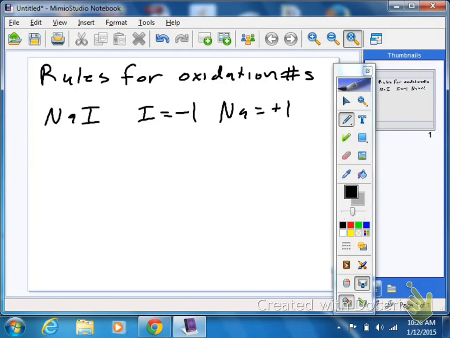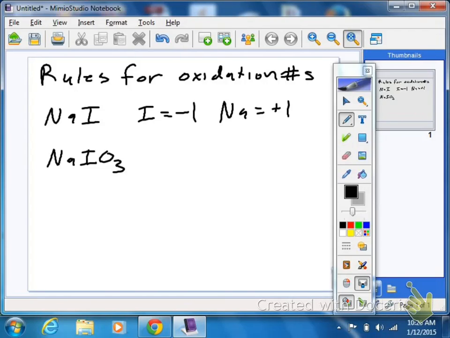Right? So here's an example where iodine would not be a -1. Now I need to explain it. You say, well, iodine's bonded to Na. No, iodine's not bonded to Na. IO3 is bonded to Na.